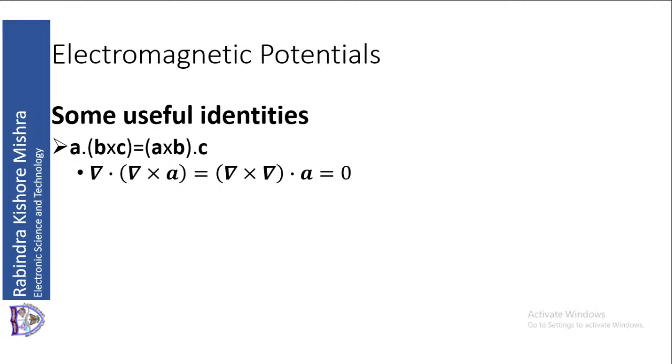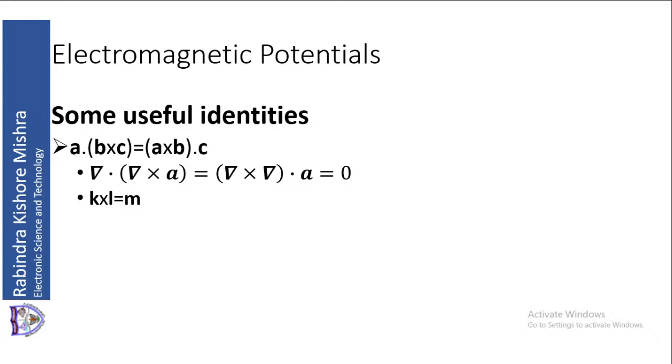Then del dot del cross a, by interchanging the dot and cross product, gives del cross del dot a, which will be equal to 0, because A cross A is equal to 0. So del cross del is equal to 0.